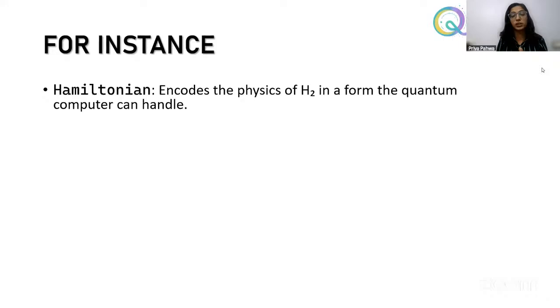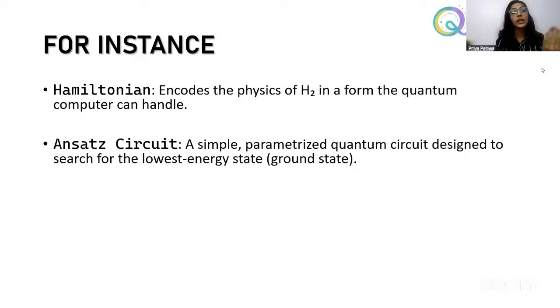For example, if I am talking about spin chains and their evolution, we talk about the neighboring interaction energy, its own interaction energy with the surroundings, everything. We take everything possible into account, and that's how the Hamiltonian is described. I've just given the example of hydrogen, showing how a quantum computer can handle it. Then we'll move on to the ansatz circuit.